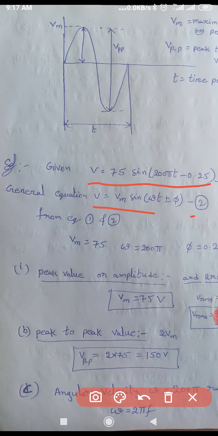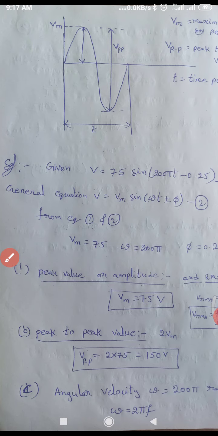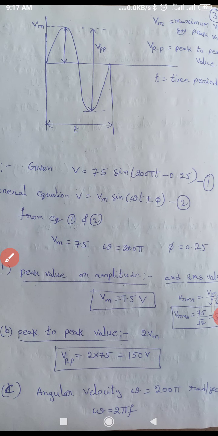Here, if they give plus phi, it means leading, but if it is given negative, it represents lagging. Okay? So let us compare equation number 1 and equation number 2.